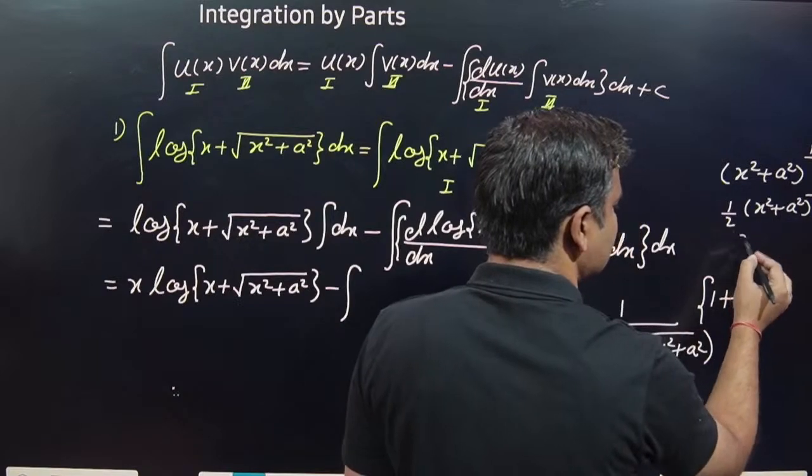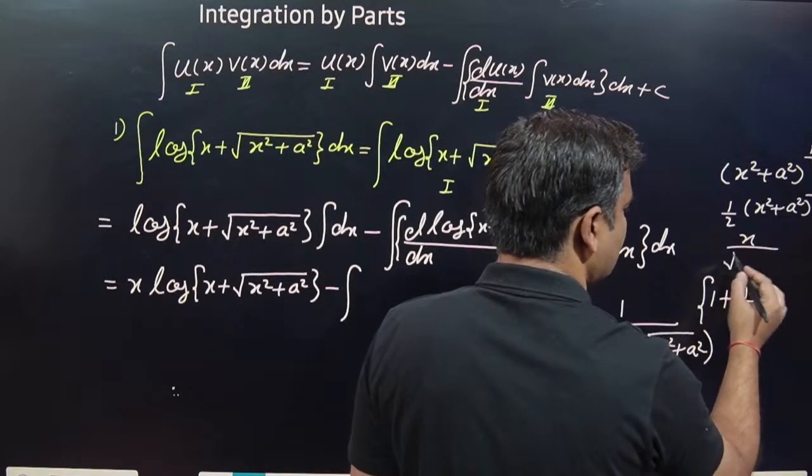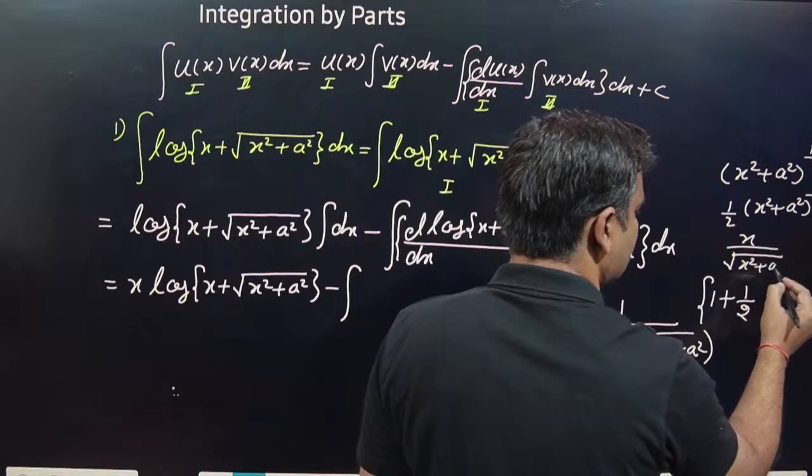So 2 cancels, simply x upon under root x square plus a square.